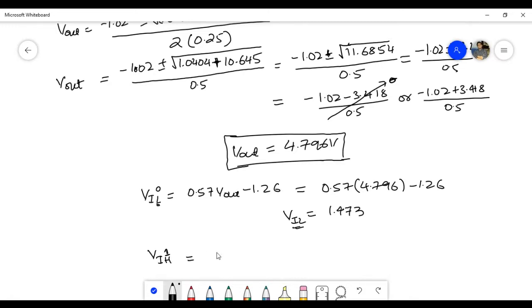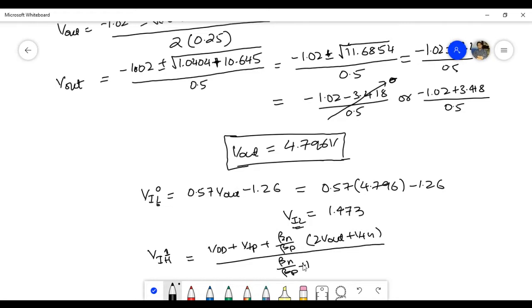To calculate for the high, for logic one: VDD plus VTP plus beta n by beta p into 2 V out plus VTN, over beta n by beta p plus 1.